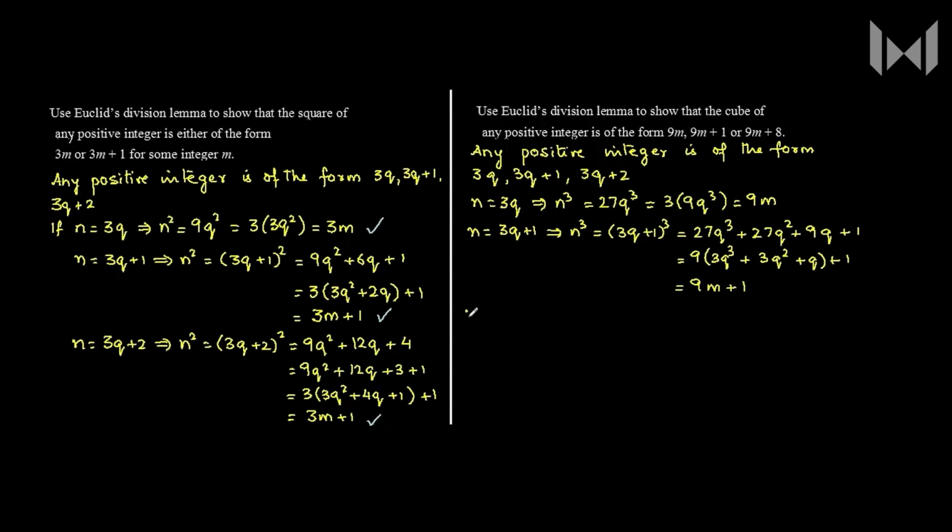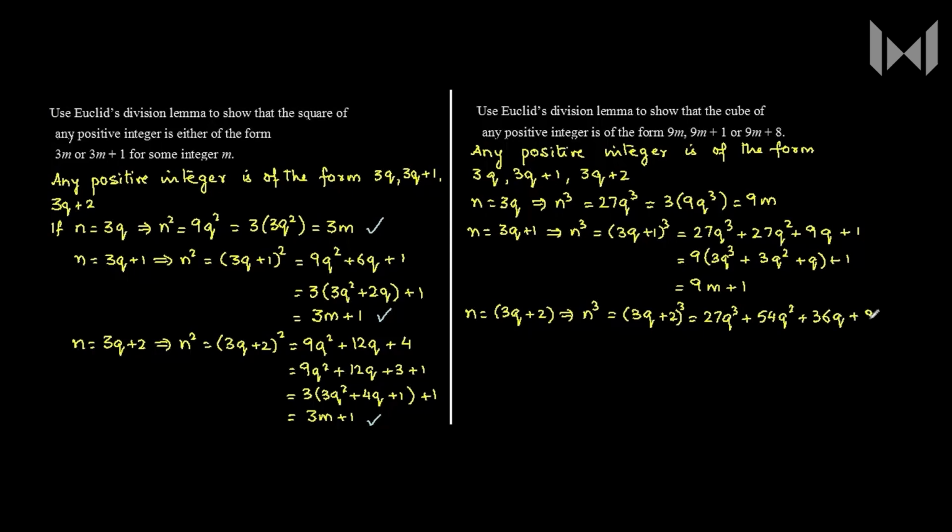And once again, n is equal to 3q plus 2, which gives n cube is equal to (3q plus 2) the whole cube. That's once again a cube plus 3a square b. So 27 2s are 54q square plus 3ab square, so 6 9s are 54, 36q.